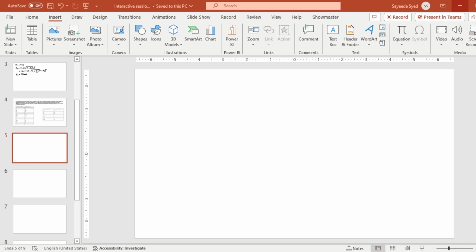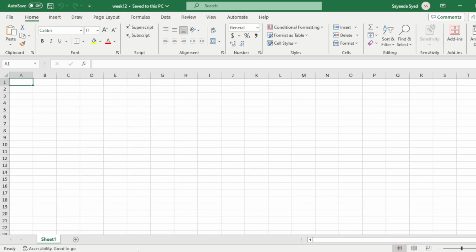So let's try to plot the graph we were just talking about. The load was 25, 50, 75, 100, 150, 200, and 250. Then we have the settlement in millimeters.